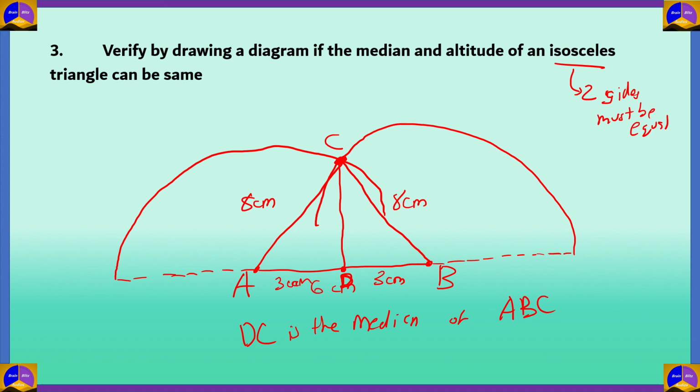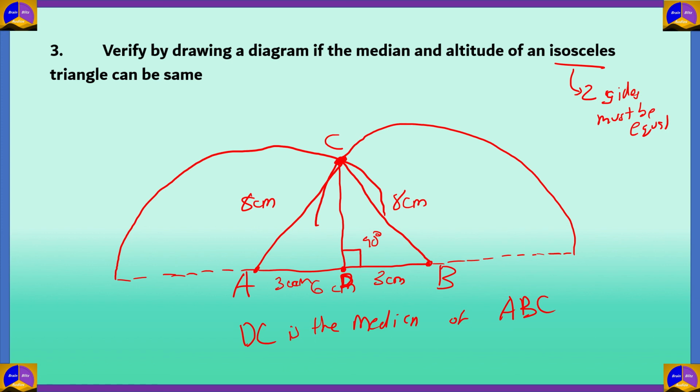Now, if we look at it carefully, DC also intersects AB at a right angle, a 90-degree angle. That means it is perpendicular. CD is perpendicular to AB.